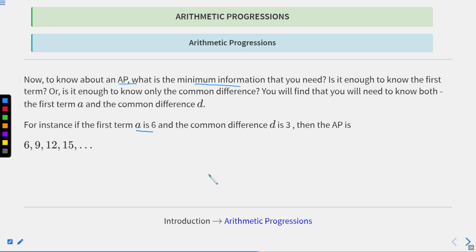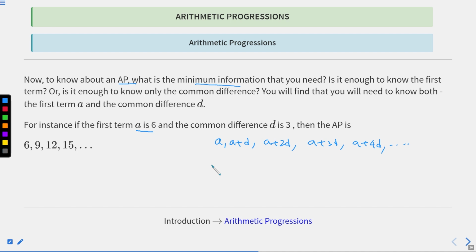We know the general form of an AP that we discussed in the previous slide: A, A plus D, A plus 2D, A plus 3D, A plus 4D, and so on. Here A is 6 and D is 3.